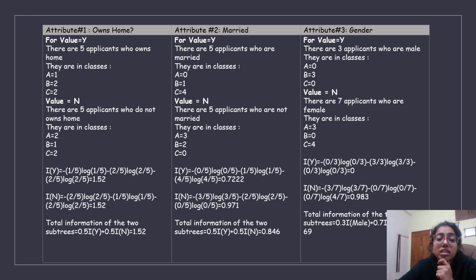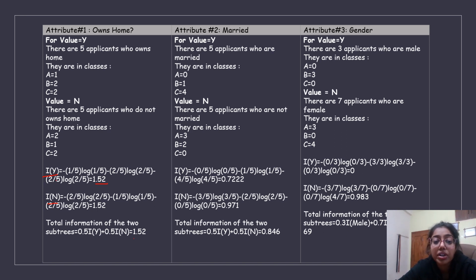So we check out the information of Y and information of N, and then we got 1.52 and 1.52. Then total information of the two subtrees would be 0.5 into I of Y plus 0.5 into I of N.